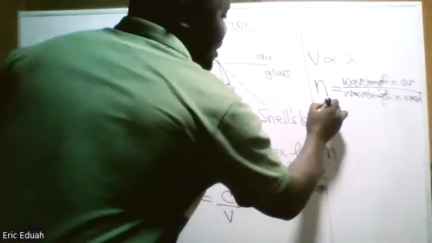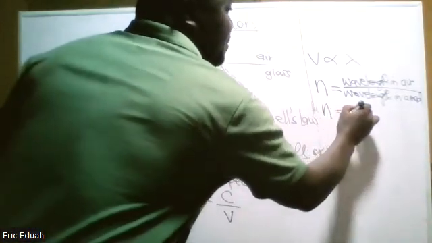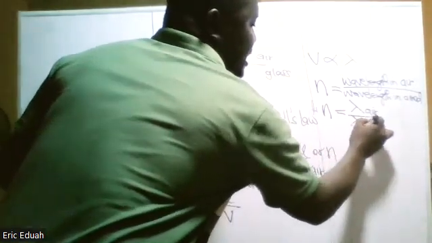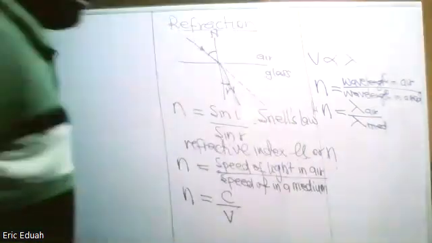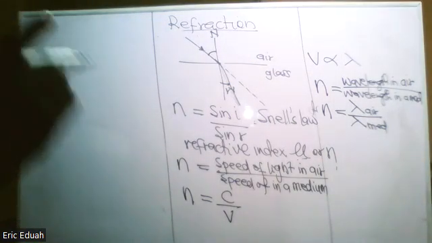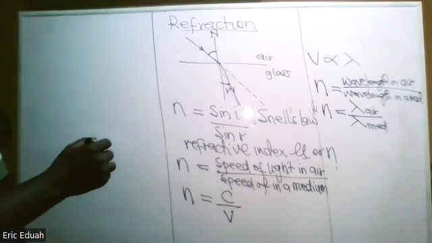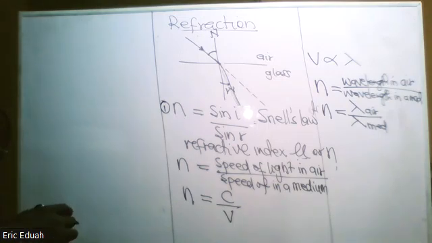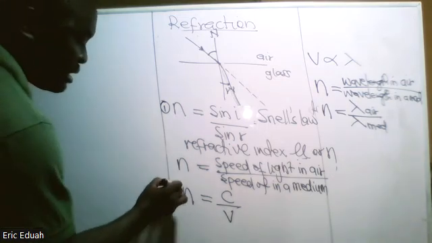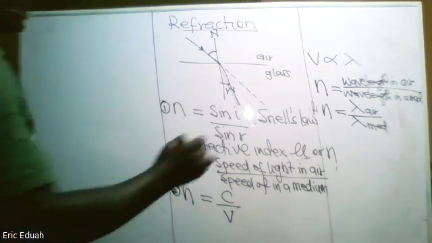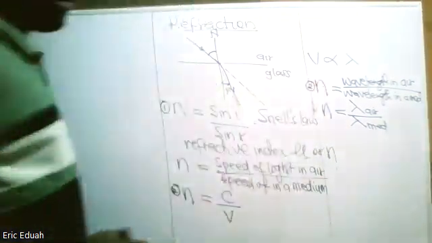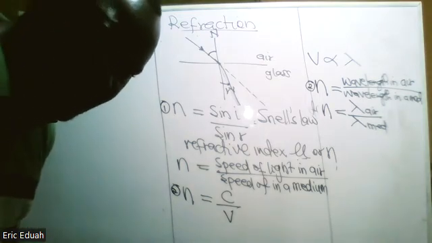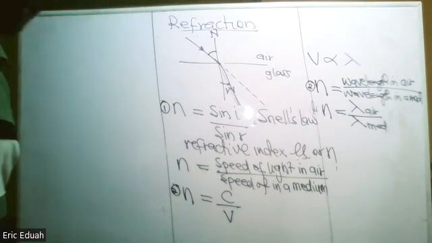So the same refractive index mu can be lambda in air over lambda in a medium. So these are the three ways we are representing refractive index: the ratio of the sines of their directions, the ratio of their speeds, and the ratio of their wavelengths. Please, are we okay?